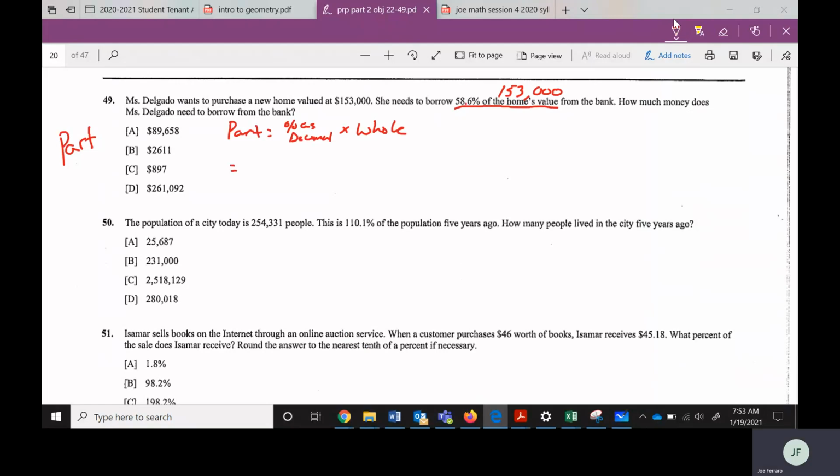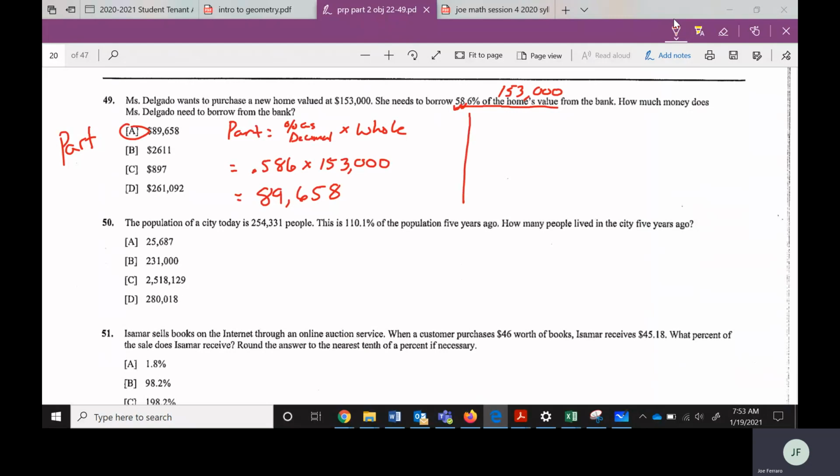Percent as a decimal, we move the decimal 1, 2, so 0.586 times 153,000, and that equals 89,658. So again, it probably pays sometimes to actually go through and type this stuff in, or if you need to, hit pause and actually do this and make sure you're getting the right answer.